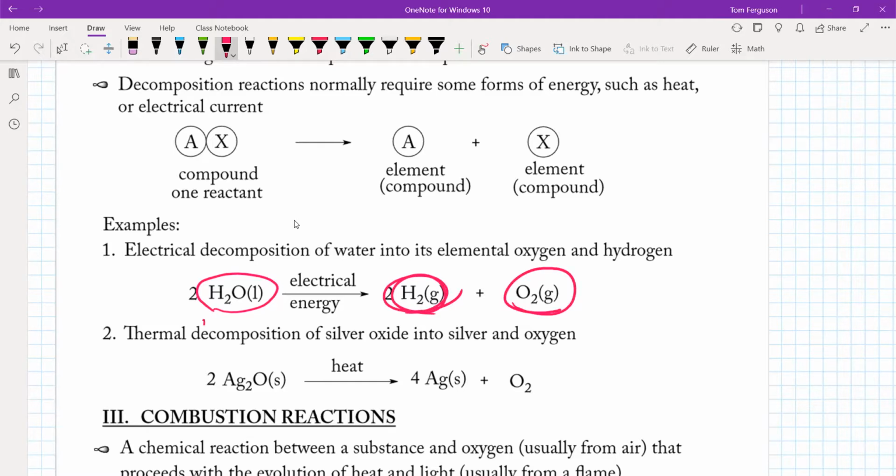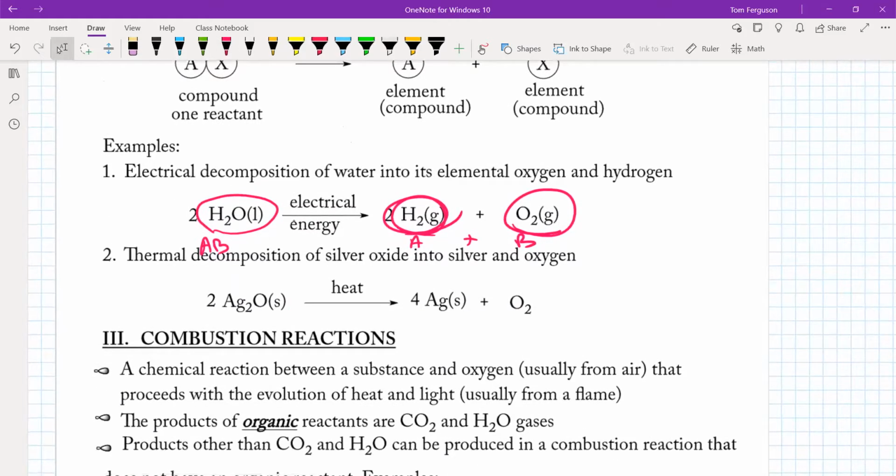So we're going from AB to A plus B. Silver oxide: AB gives us A plus B.